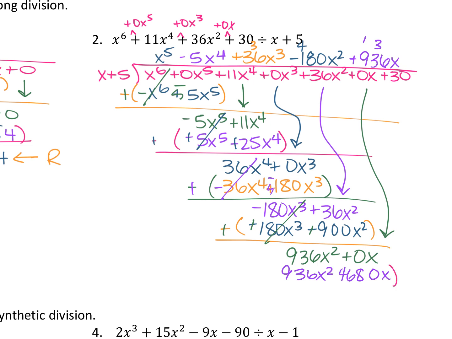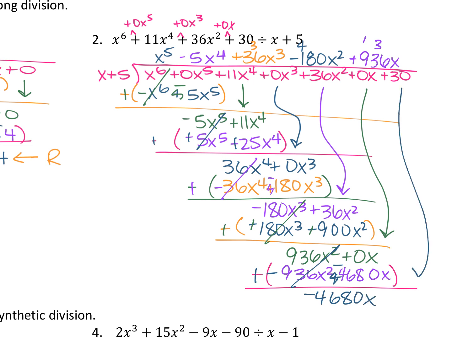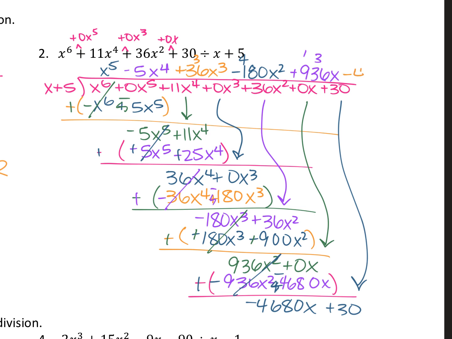So from here, subtract, distribute your negatives. This should be a positive, which turns into a negative. So that's negative 4,680. Then you bring down your x. So then bring down your 30. And that's going to give you a negative 4680 up top.